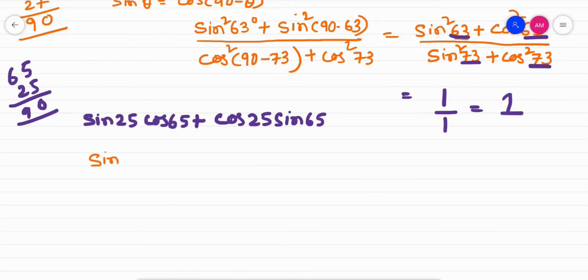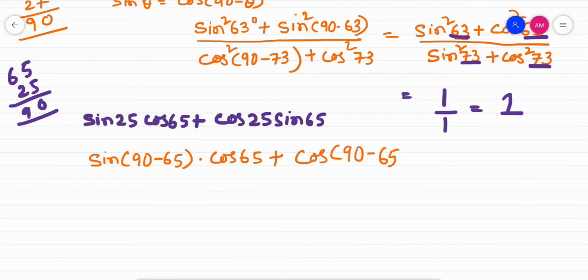Sine 25 will be equal to sine (90 minus 65) into cos 65 plus, since we have changed here, we have kept cos 65 constant, cos (90 minus 65) into sine 65.